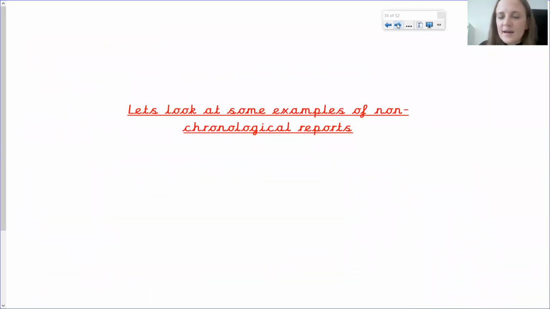So, like I mentioned earlier, we're going to look at some examples and identify some of the features that we see, some things that come up in more than one of them. So let's have a look at those.